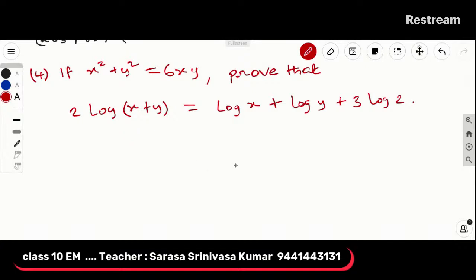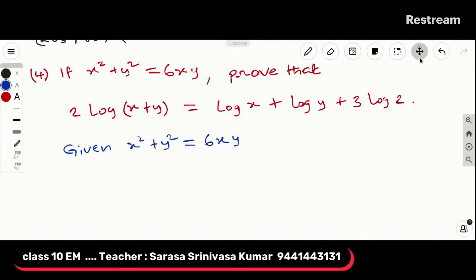So first we note down the given condition. Given x square plus y square equal to 6xy. We want to get the form (x plus y) whole square on the left hand side.